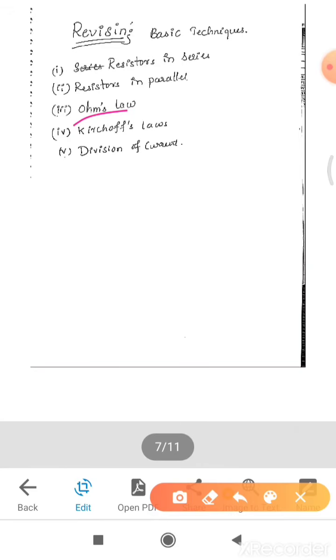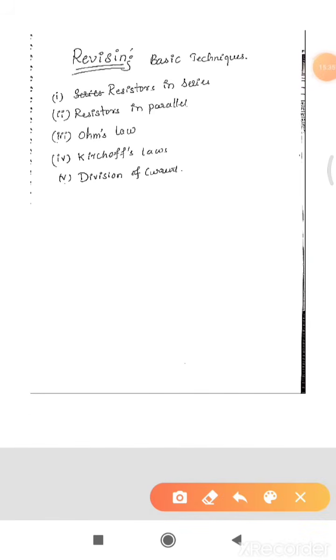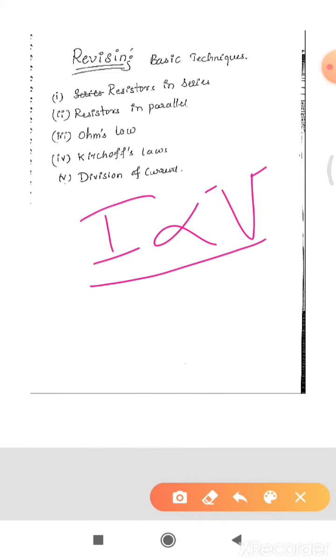And then Ohm's law. As we have discussed, in an electrical circuit, in a DC circuit, at a constant temperature, current in the circuit is directly proportional to the applied voltage.